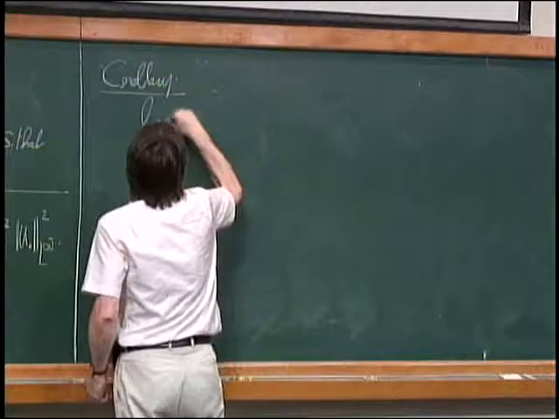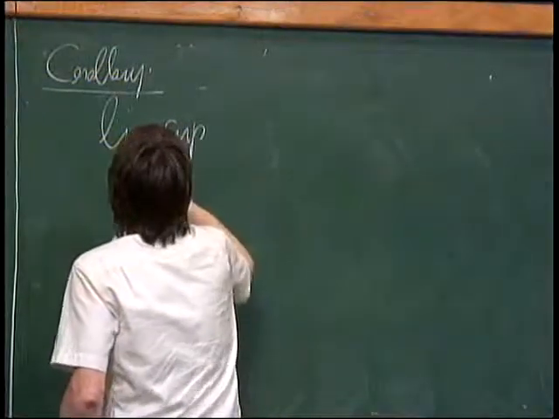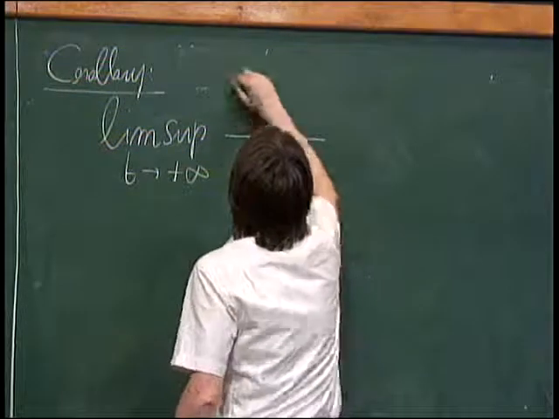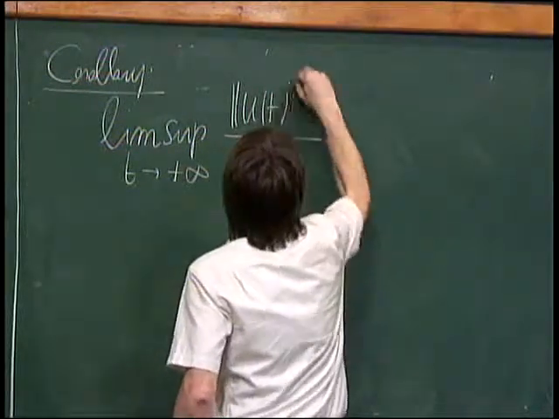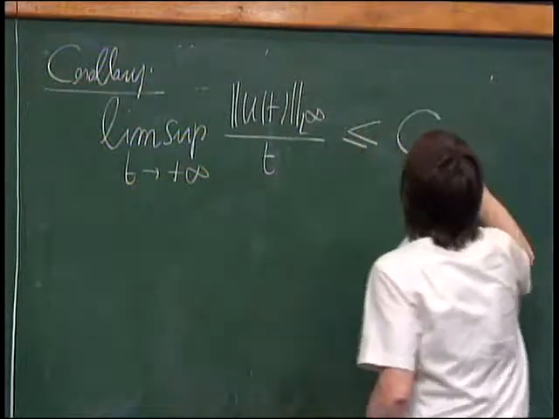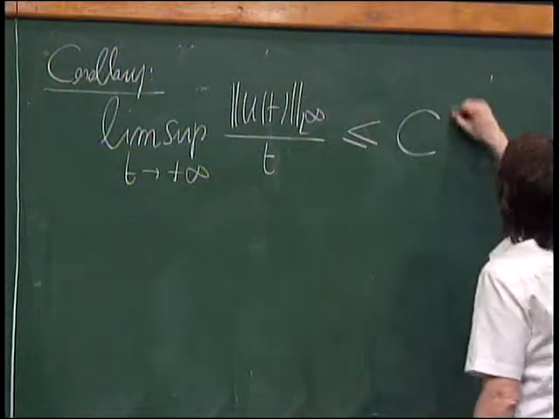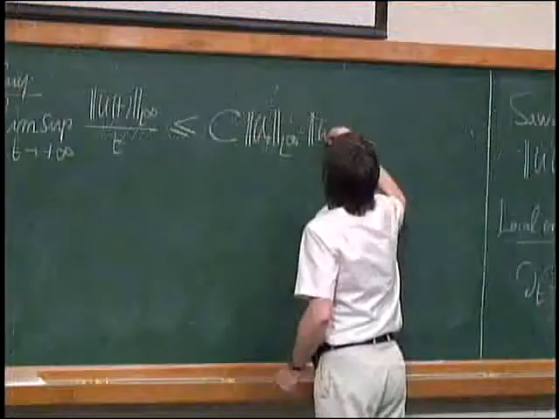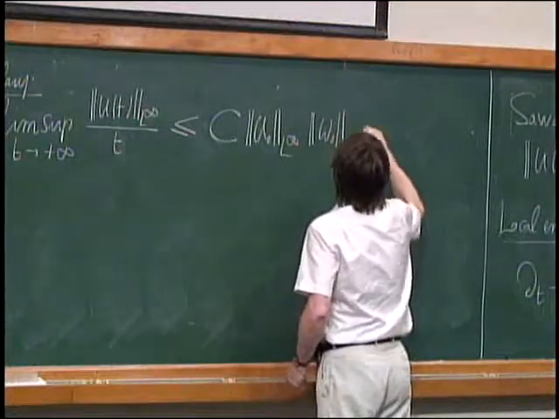The lim sup as t goes to infinity of the L infinity norm of u(t) divided by t is bounded by a constant times the L infinity norm of u0 times the L infinity norm of omega 0.